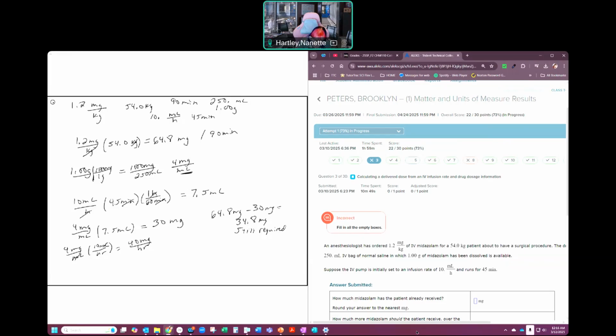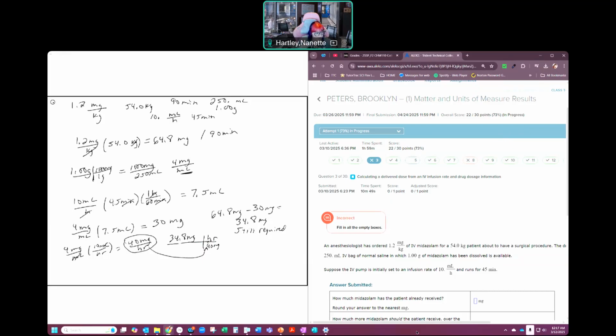So I take my 34.8 milligrams and what I'm going to do is divide this by this 40 milligrams per hour. Technically it's 40 milligrams per hour like this, so that we're turning this conversion factor over and putting it right there.